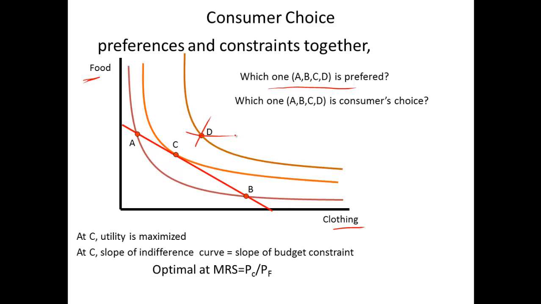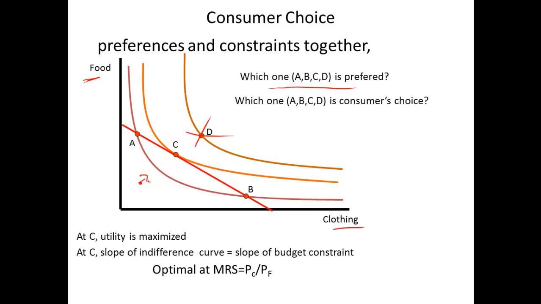Now, we could consider points that are inside, below the budget constraint, but we know that since more is better, that would never be the answer. An individual would always want to go northeast from there to something else that he or she could afford. So let's not even consider any points inside. That leaves us with A, B, and C. They all spend all the money, but they aren't all on the same indifference curve.